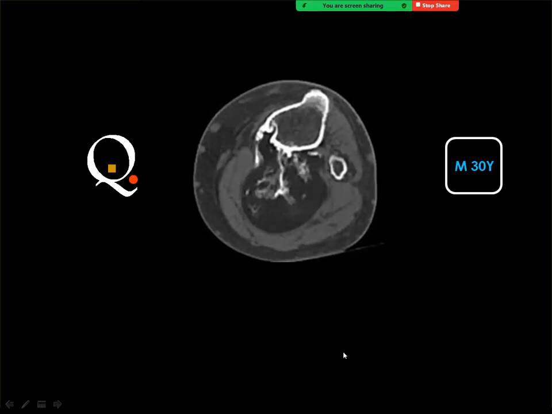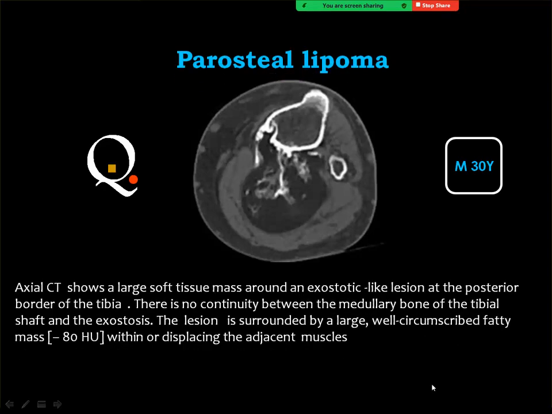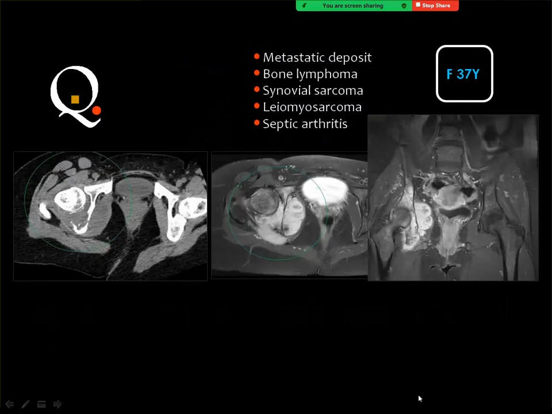And frequently, especially from the plain film, it may be mistaken for a malignant lesion. But this is an absolutely benign lesion, which is paraosteal lipoma.